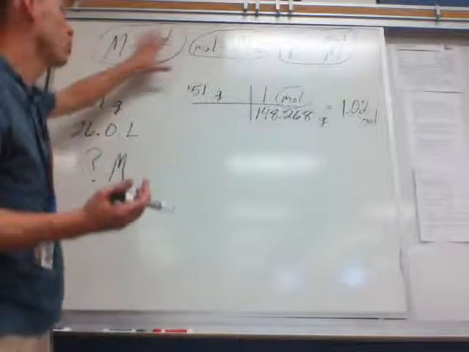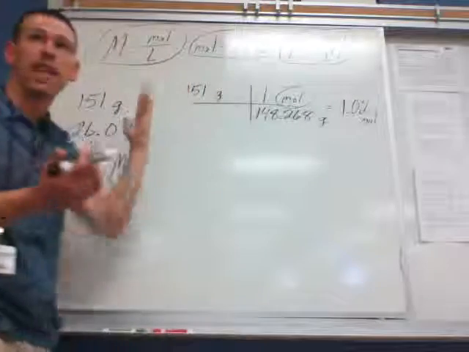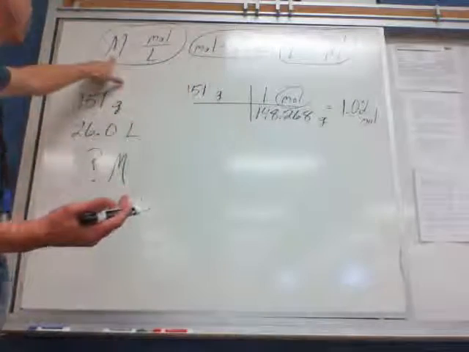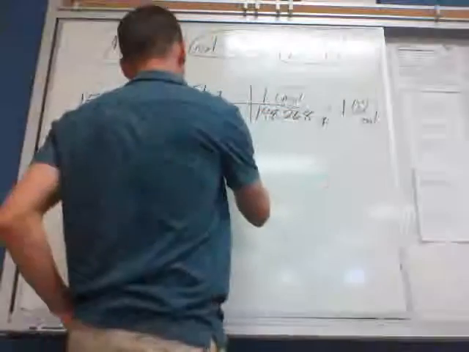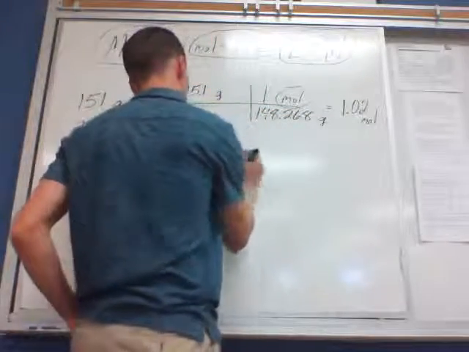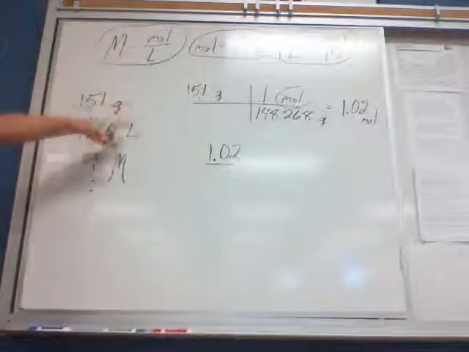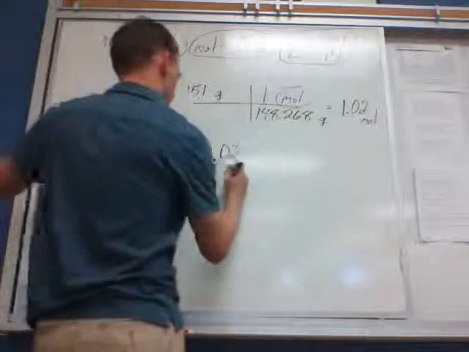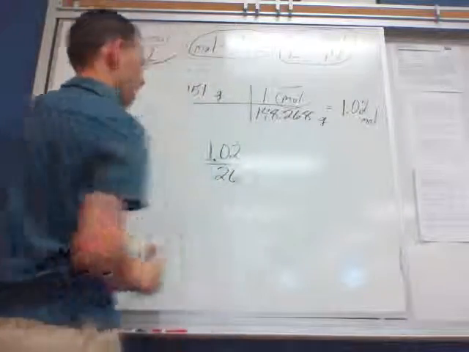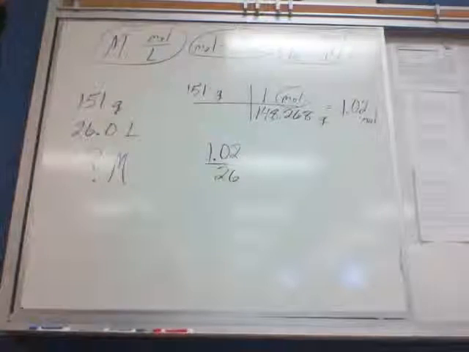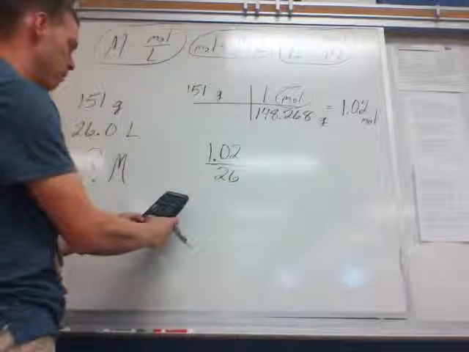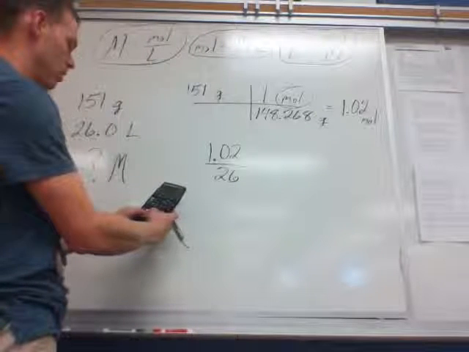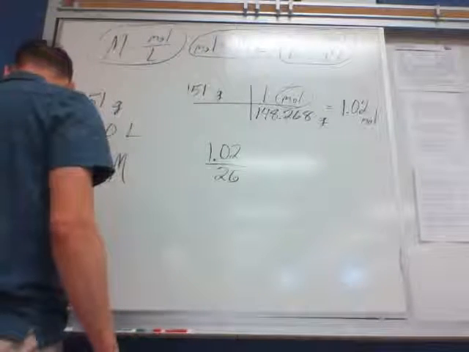We've noticed how in this problem we haven't used one of our equations yet that we always will have to use. We're solving for molarity, which is moles, 1.02, divided by liters, 26. 1.02 divided by 26.